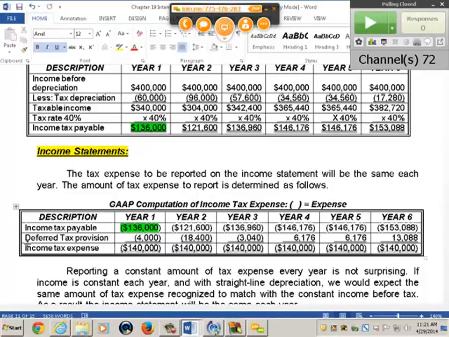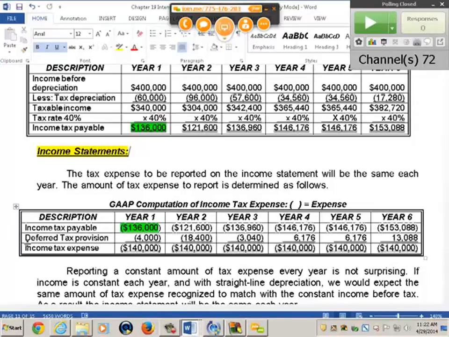And the deferred tax provision, as we showed you earlier, is going to be 4,000. The current 136 plus the deferred of 4 gives you the tax expense of 140.